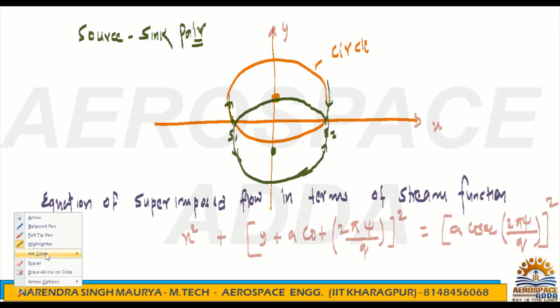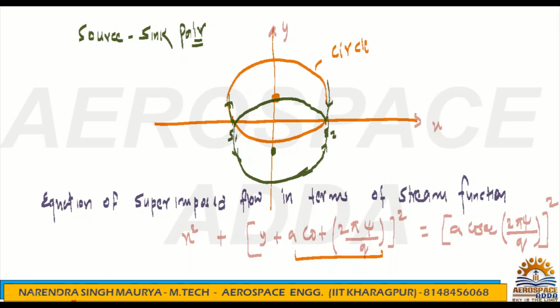If you see the center, which is moving along the y direction, for that reason you are getting x square plus y, and this term you are getting in y. You got my point or not? Because your circle, if you see, is moving in the vertical direction.